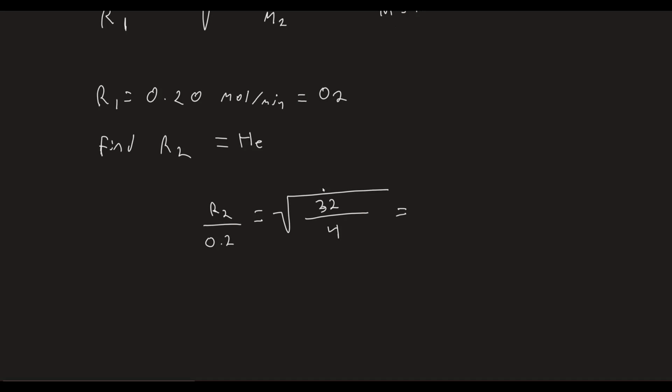So punch this into our calculators and we get R2 equals 0.5657 moles per minute. So this is essentially how you do these effusion problems. Very, very simple and straightforward. You'll be given one rate and you will be asked to determine the rate of something else. And that's really all there is to a problem like that.